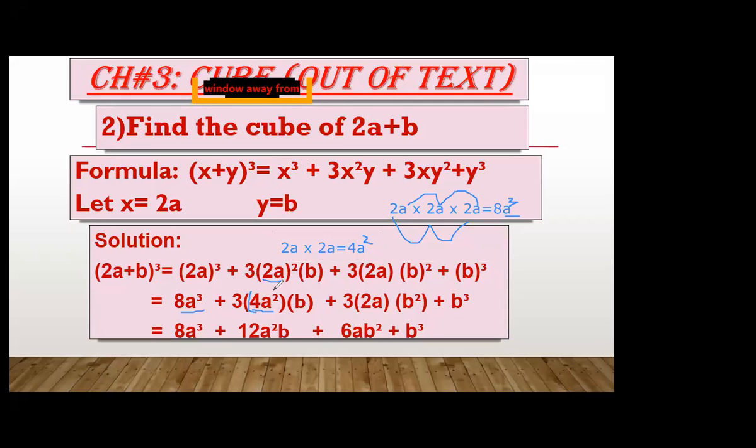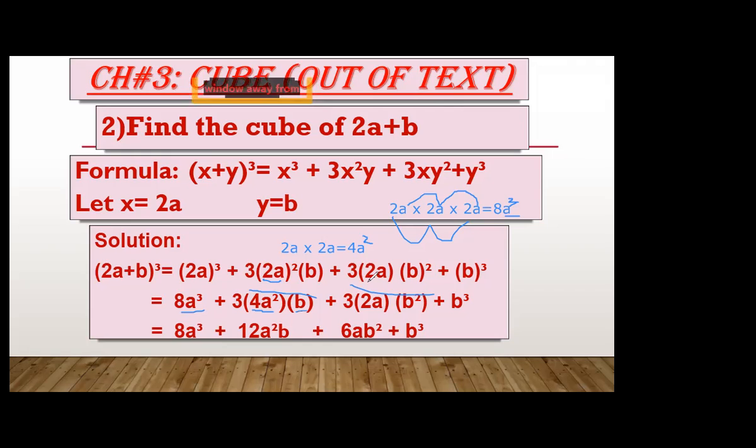Don't forget to mention the squares within the bracket, especially I'm talking about the second and the third term. After finding the square, please make the round brackets also in the second and the third term. Here you get 4a square, b is written as it is.